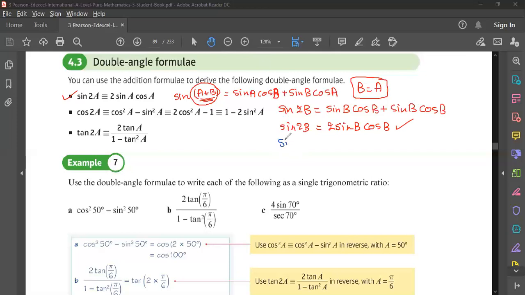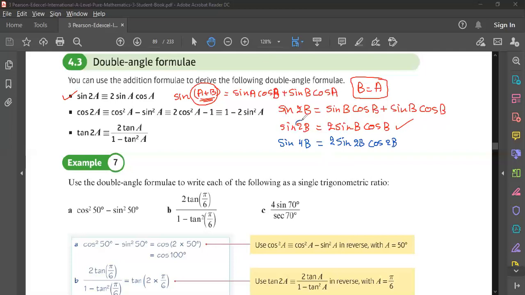If we need to use sine for 4b in a certain question, what would the change be here? 2 sine 2b cosine 2b.